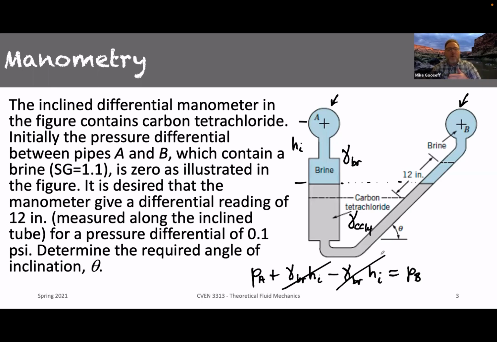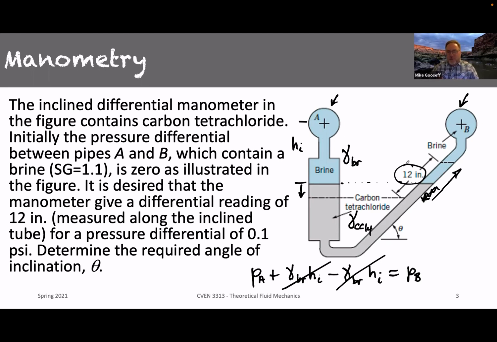Now, what we want to do is have the manometer give a differential reading of 12 inches over on this right-hand side. So in other words, the manometer now, this level is going to move down, and this level is going to somehow move up, so that the difference between them is 12 inches over on this side, okay?